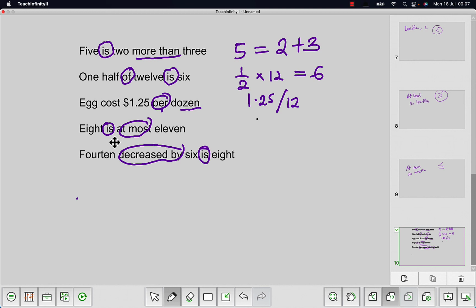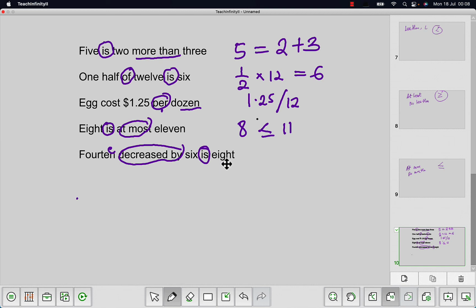And then here 8 is at most 11. That means it can be equal to 11 or it can be less than 11. So that will be 8 is less than or equal to 11.